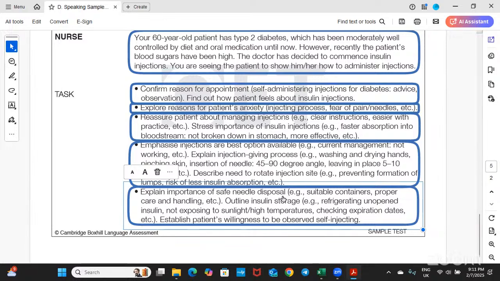The next one, storage of insulin. Unopened insulin vials should be stored in the refrigerator and maintain the standard temperature.